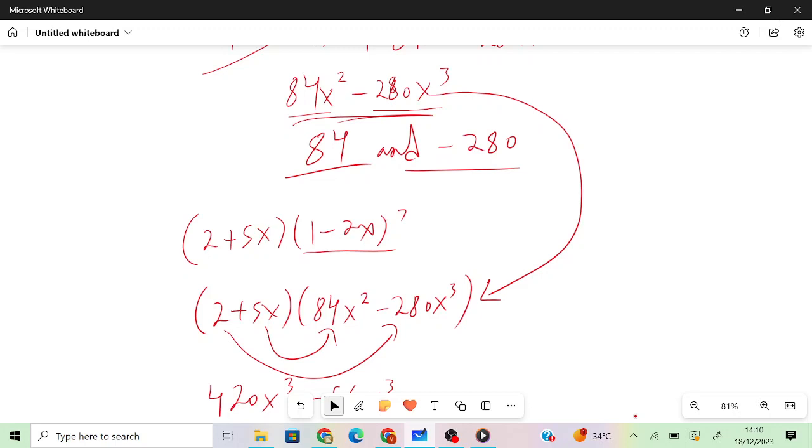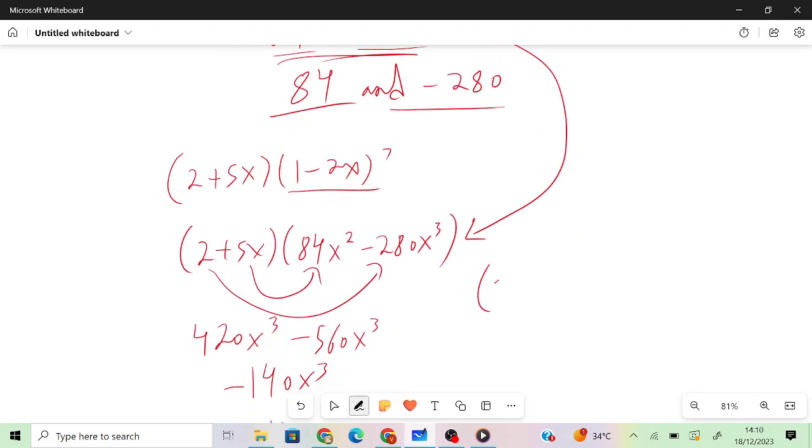For example, we're being asked to find the coefficient of x cubed here, and we were given 2 plus 5x. Now applying common sense, what are the ways that you can get x cubed if you're multiplying anything with these? You can get an x cubed if you're multiplying, let's say, bx cubed with a constant.